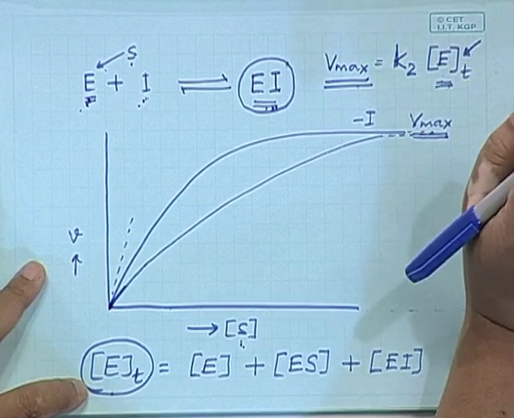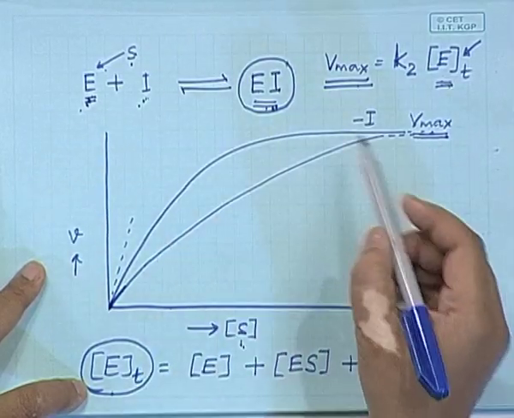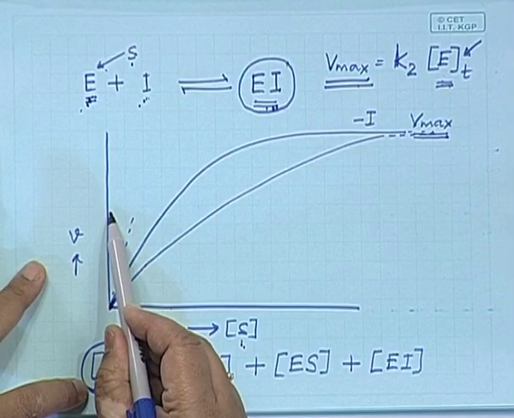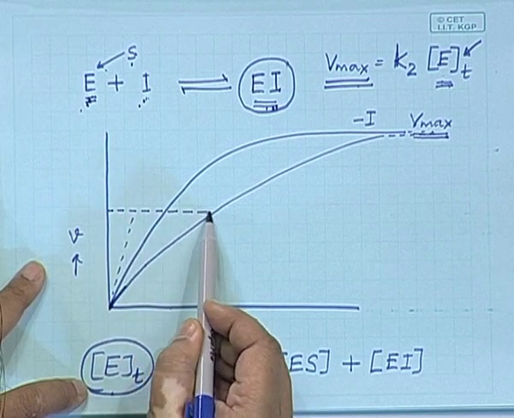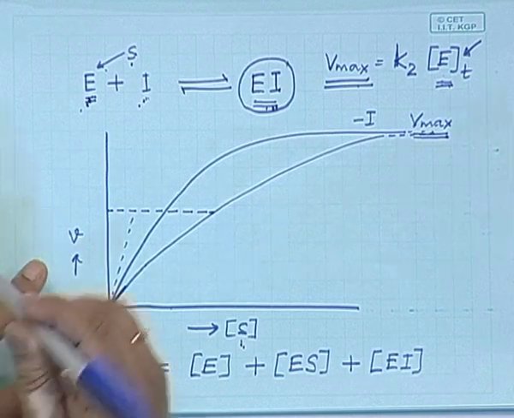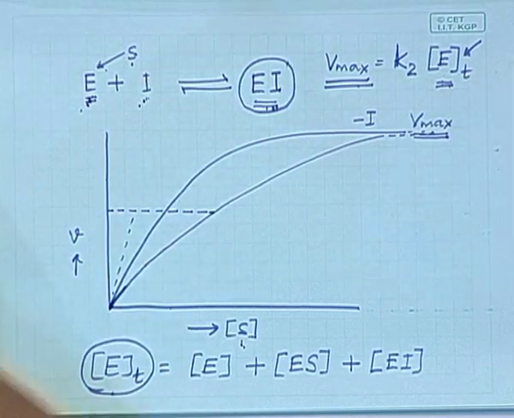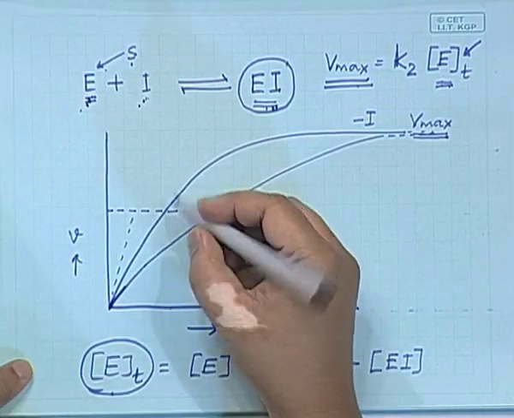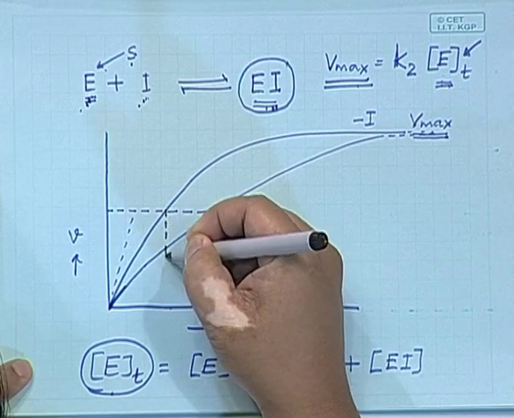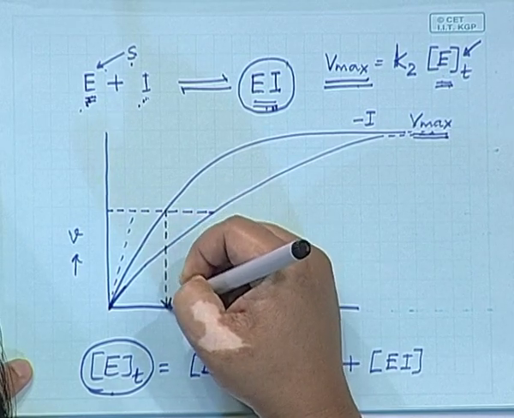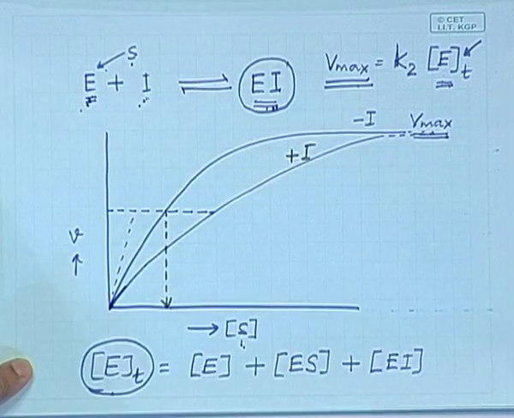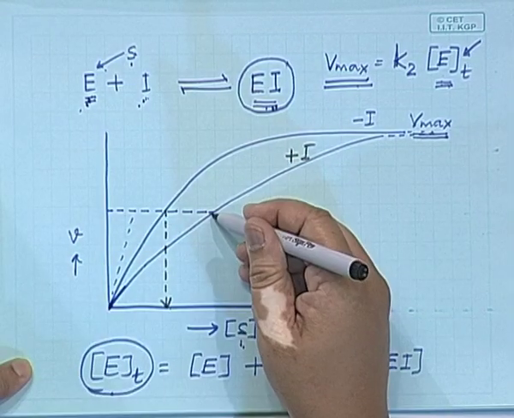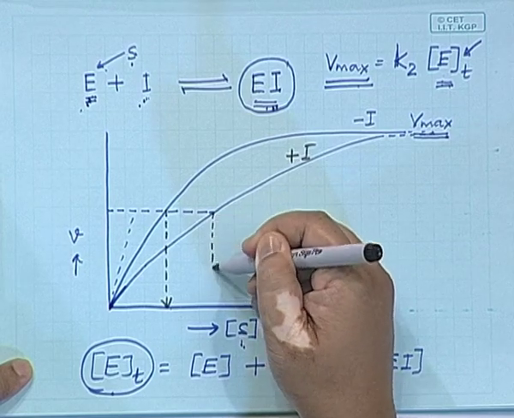What is going to happen to my Km? What is my Km? I go to half of Vmax now, which is approximately this point here. So, this is my Km value without the inhibitor. This is my Km value.